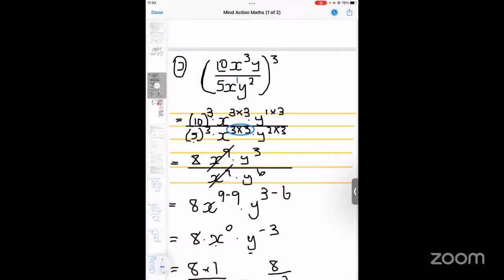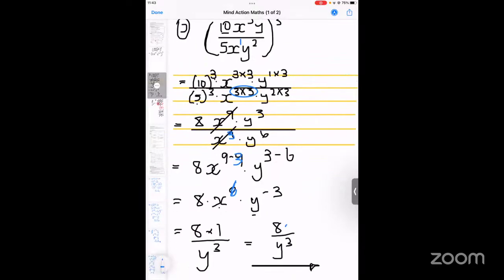Can you see, Langelihle? Yes. Meaning it was supposed to be 3 there, 3 there, then 9 minus 3, that should be 6. Then it looks like we end up having x to the 6 there. This should be the end of it.